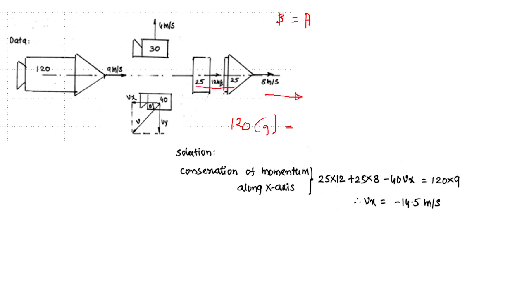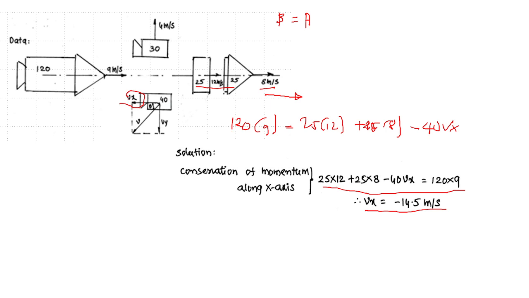You have 25 and 12, and then you have 25 and then 8. And then we subtract this Vx because our assumption is to the left. We can say minus 40 times Vx. Okay, we'll have this answer, negative 14.5 meters per second.